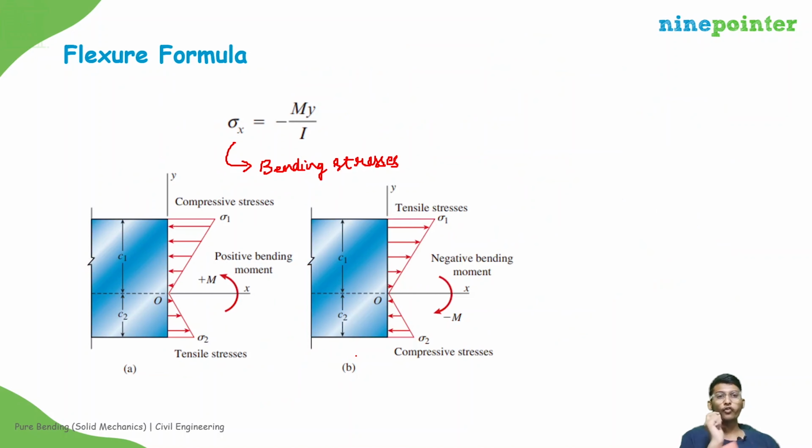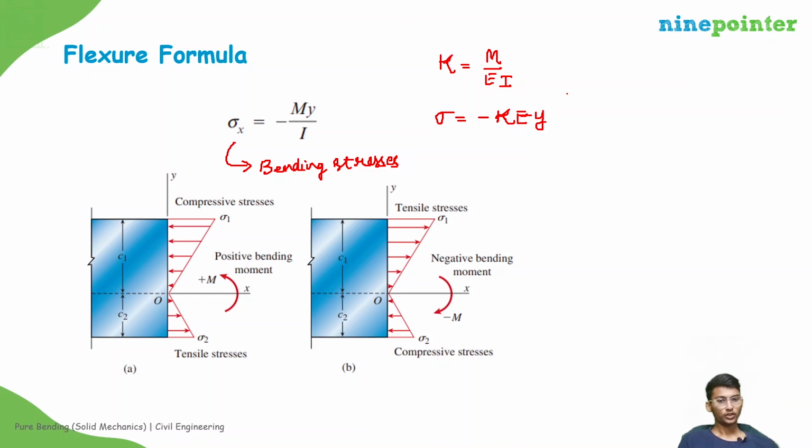Now there is one more formula that is known as the flexural formula. We already know kappa is given by M by EI, and that sigma is given by minus kappa into E into y.